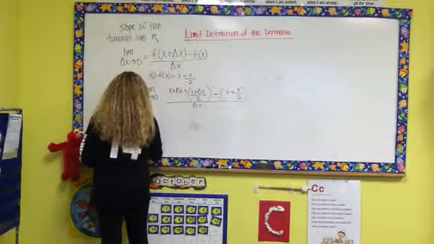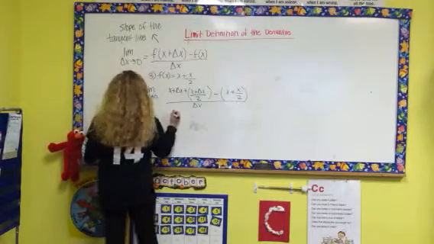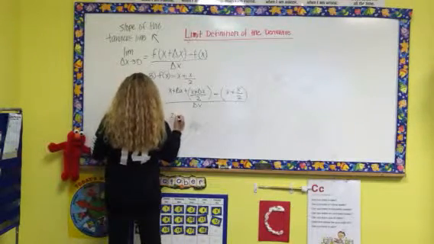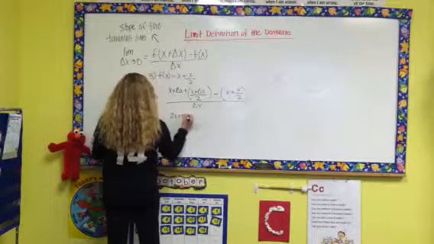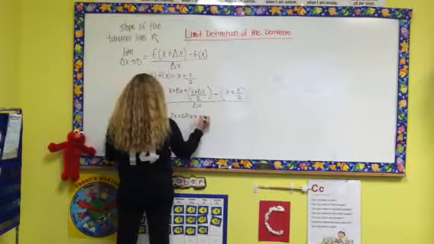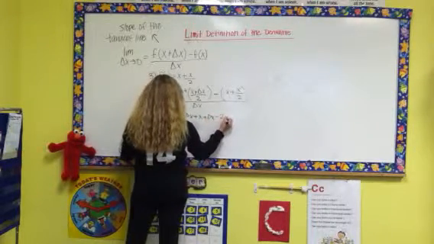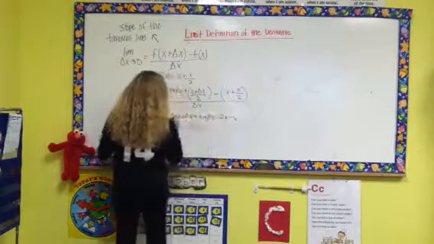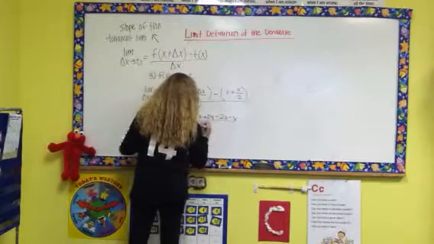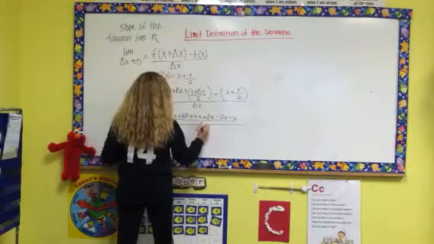Then we need to simplify to get 2x plus 2 delta x plus x plus delta x over 2 minus 2x minus x over 2, all over delta x.